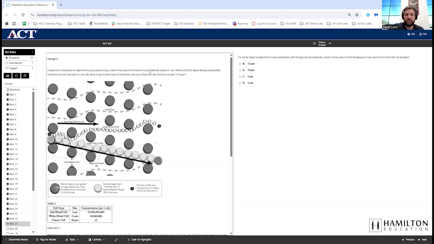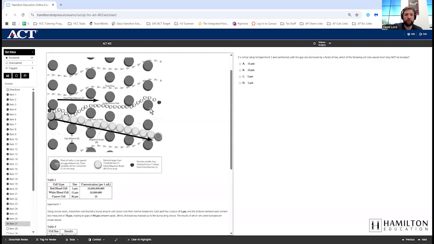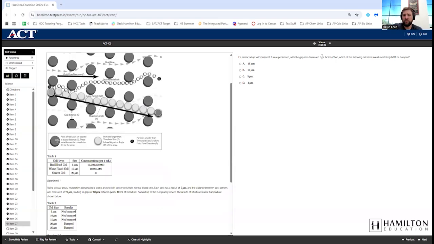A bump array that channels fluids to sort particles by size. Okay. And then they talk about the word bumping to one side, while those of smaller threshold continue to flow with the fluid. So it seems like this small particle goes with the fluid flow, but these bigger ones go along the grid. So they're forced. Okay. Well, I mean, which line would not be bumped?